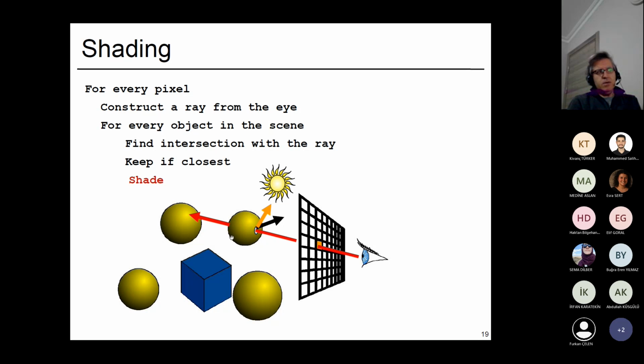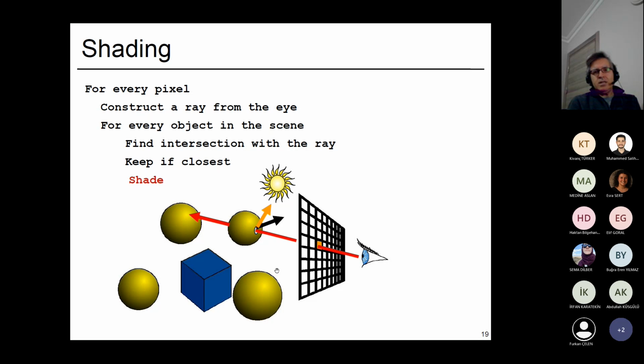If I treat this scene as the primitives that rasterization requires, like triangles, I can have many triangles for this sphere, many triangles for this sphere, and so forth. Depending on the level of detail that I want to achieve, perhaps I will have 100,000 triangles per sphere here.